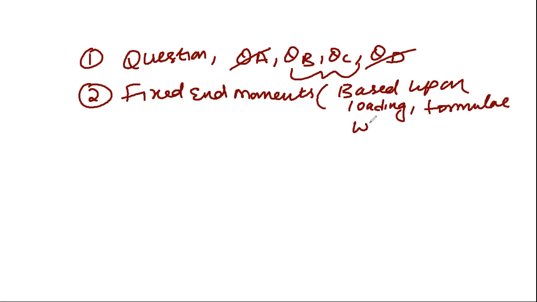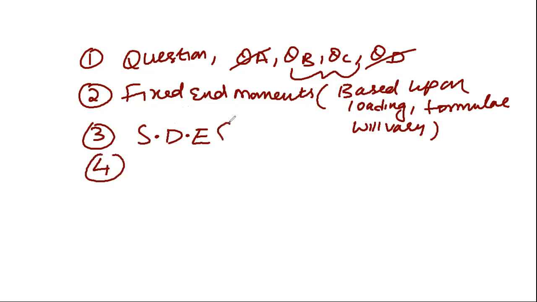Once after finding these fixed end moments, we wrote slope deflection equations. In our current problem, we have got MAB, MBA, MBC, MCB, MCD, MDC. We have got 6 equations for slope deflection.